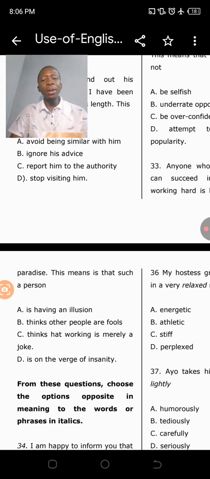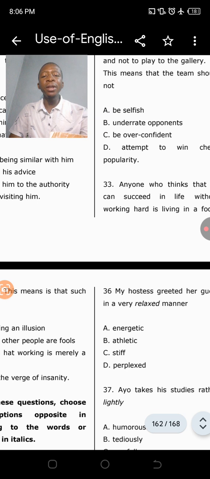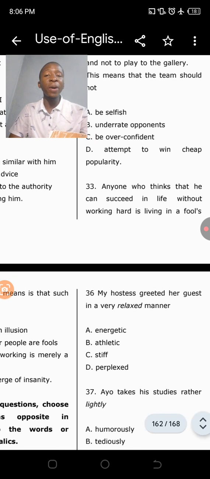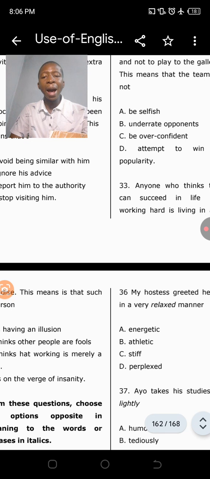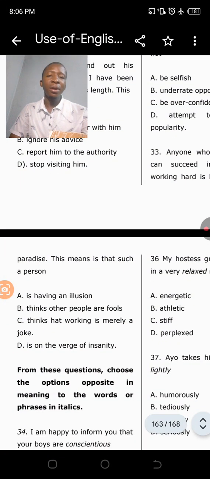Let's go back to the question. Anyone who thinks that he can succeed in life without working hard is living in a fool's paradise. So anyone who thinks he can actually make it in life without working hard is actually living an illusion.